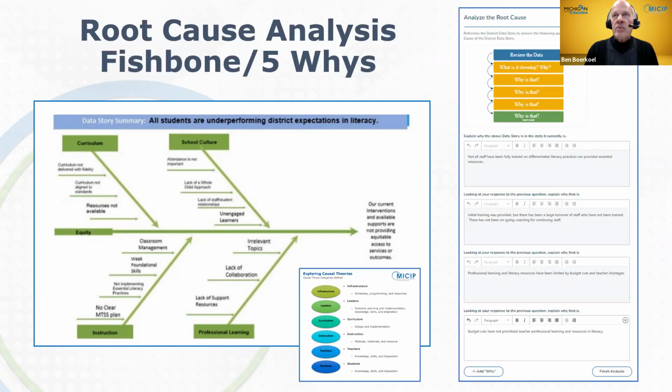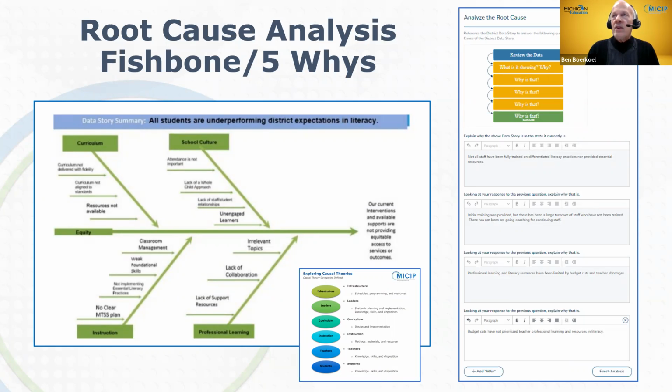Within MICIP, we have several tools that can be used. We suggest one way to approach this, and again, it's certainly up to the district and the school how they want to use these tools, or if they want to use tools of their own. We suggest that you might start with the fishbone, which you see on the left side, to take a look at all of the possible reasons for the why.